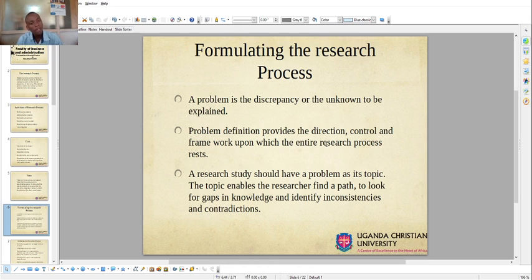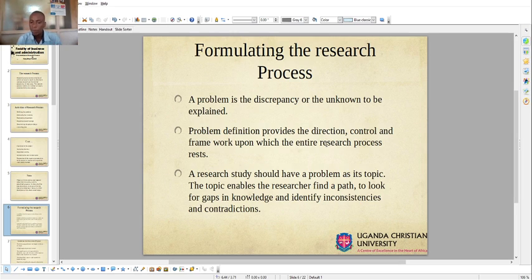So meaning you can't carry out research without a problem. You need a problem which will give you direction. So a research study should have a problem as its topic. Whenever you see a topic, let it connect to the research problem.